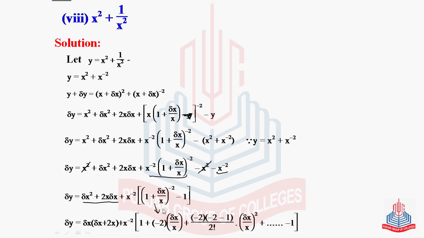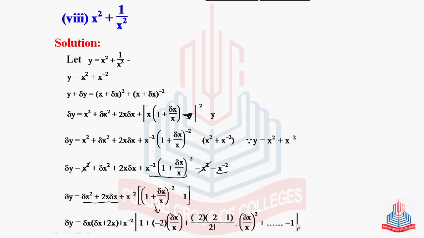We have 1 plus nx, here n is minus 2, x is delta x over x, plus n(n minus 1) divided by 2 factorial x square, delta x over x square, plus so on, an infinite series, and at the end this one is minus 1.